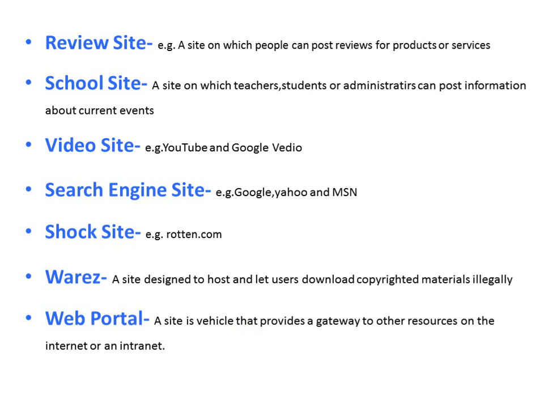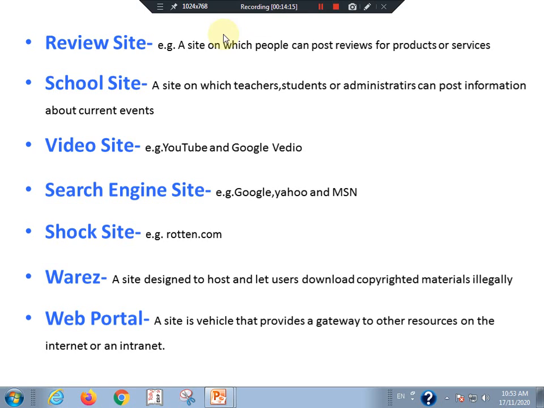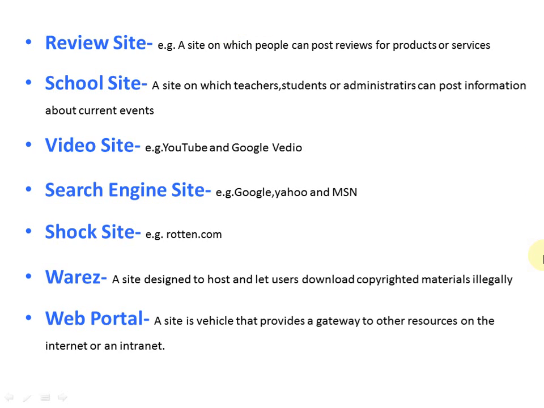Next site is review site, a site on which people can post reviews for products or services. Next site is school site, a site on which teachers, students or administrators can post information about current events at or involving their schools.